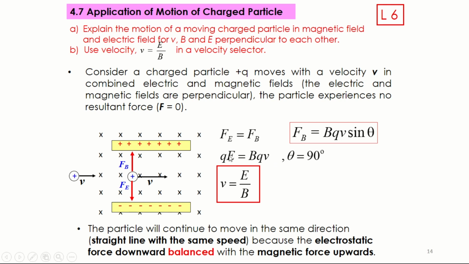We can cancel the charge Q, so you get V equals E divided by B, where E is the electric field and B is the magnetic field. So the particle will continue to move in the same direction in a straight line with the same speed, because the electrostatic force downward balances the magnetic force upward.